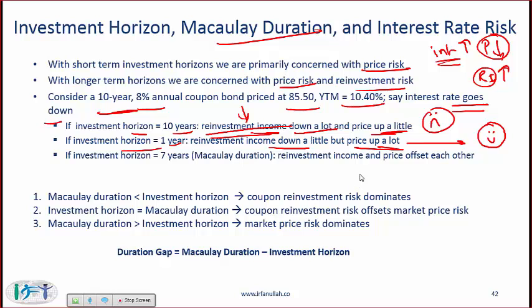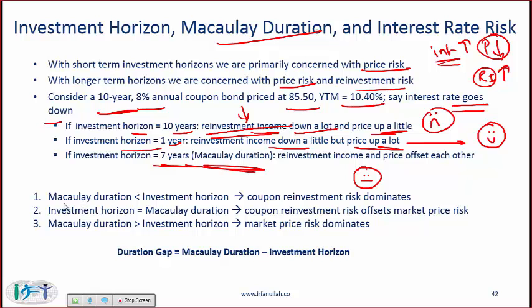So there has to be a point where you are neutral, right? Neither happy nor sad. That is the Macaulay duration. So on this bond, if you calculate the Macaulay duration, you will come up with a number of 7. So if your investment horizon is 7 years, then the change in price and the change in the reinvestment income offset each other. So that is another interpretation of Macaulay.